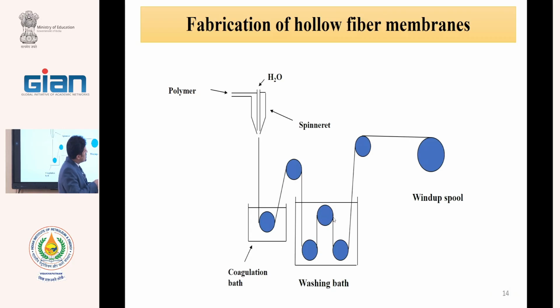We have a polymer solution injected to this needle, okay? But we want to produce hollow fiber, tube, not fiber. In production of fiber, we do not have this central tube. We have only this needle. But we want to produce a tube.